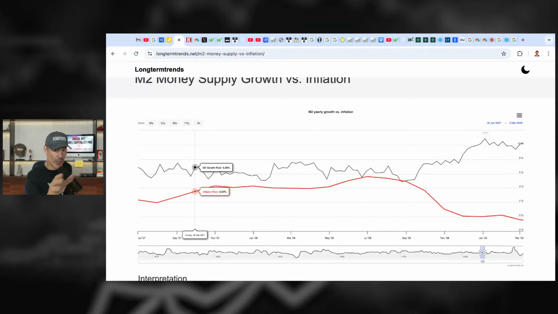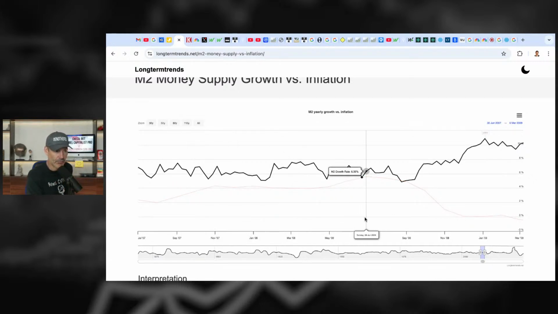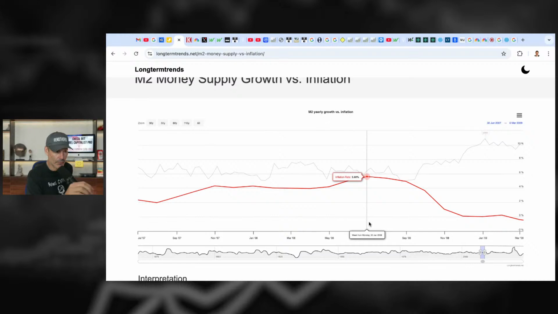Now, what do you think happened? Do you think that we just had massive disinflation where the CPI just went straight down because we had the GFC and we went into a recession in 2008? Absolutely not. From September 07 to June of 2008, headline CPI went from 3.5 to 5.6.